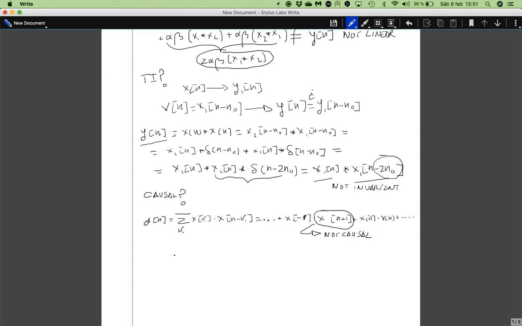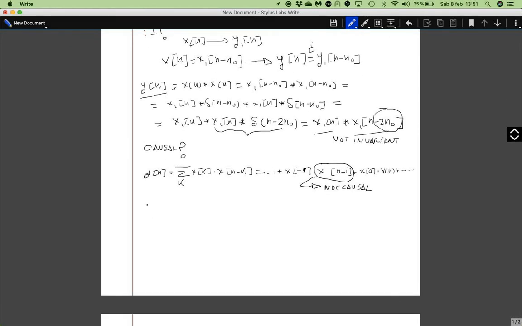Okay, let's go for the last one. Is the system stable? So most probably, if the system is not LTI, the most probable thing is that the system is not stable.